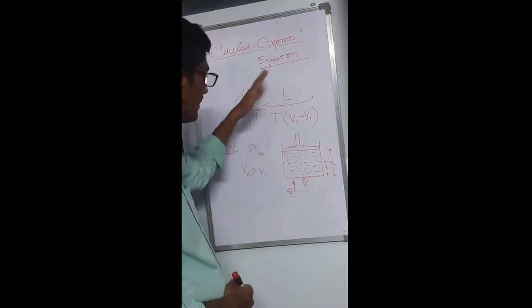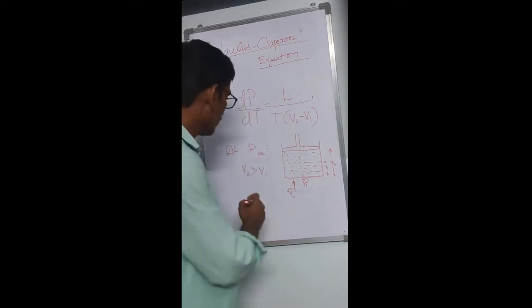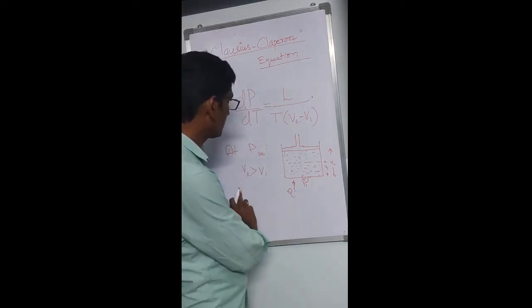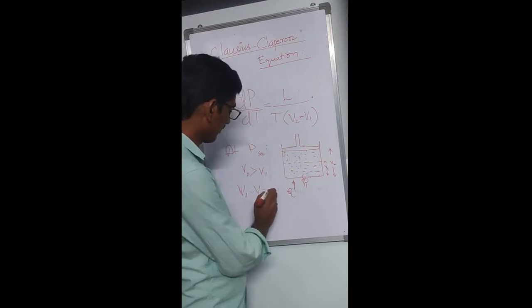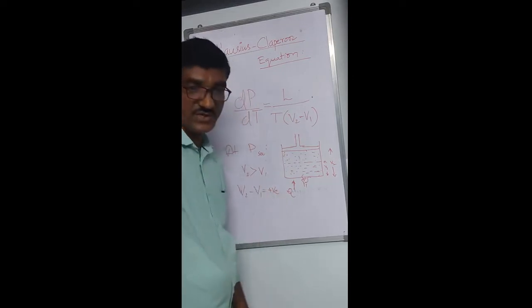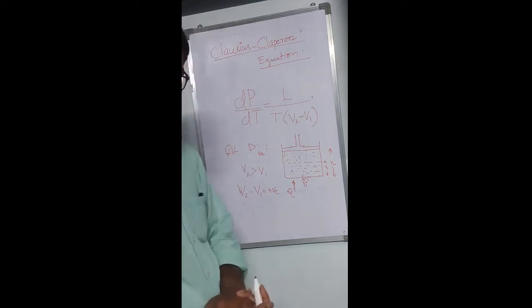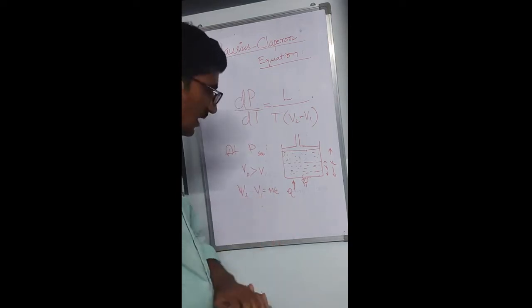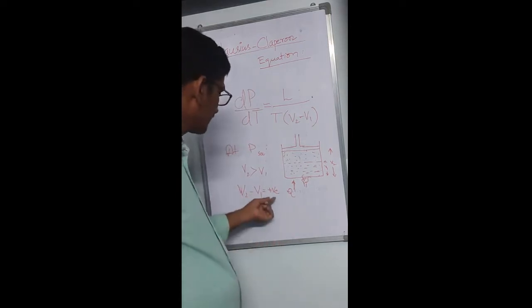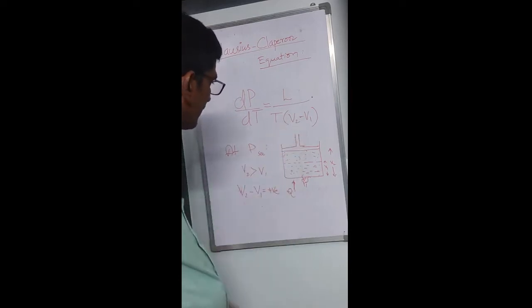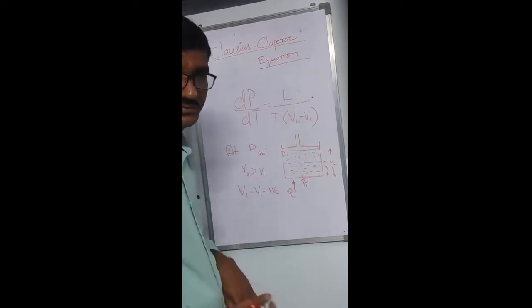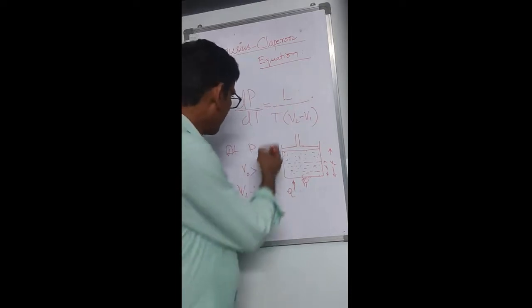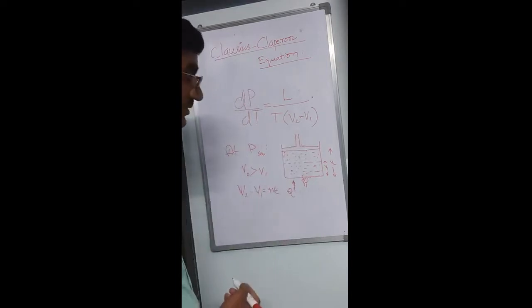Now, V2 minus V1 becomes positive as V2 is greater than V1, so you always end up with a positive value. This entire RHS is becoming positive.